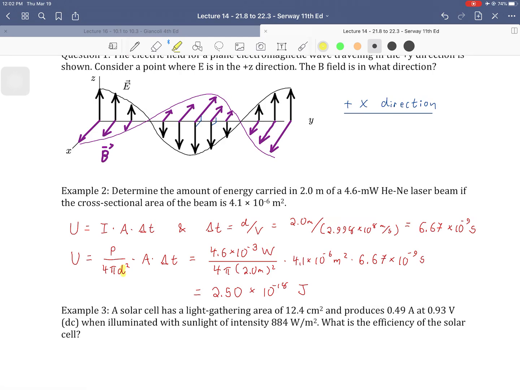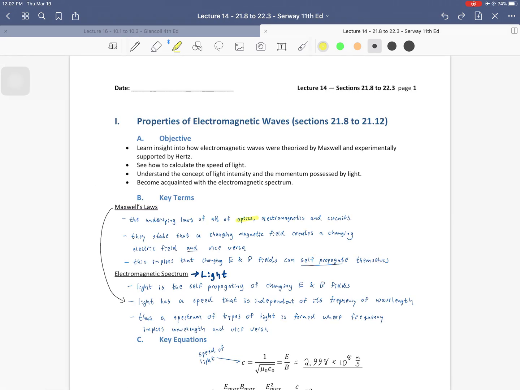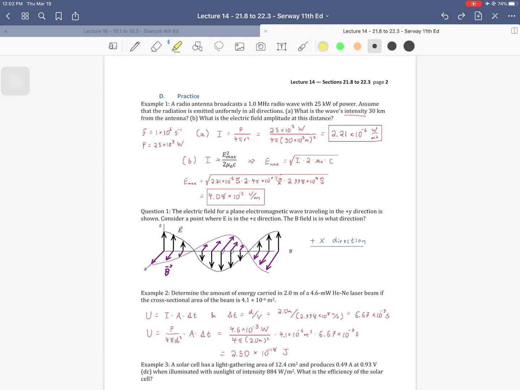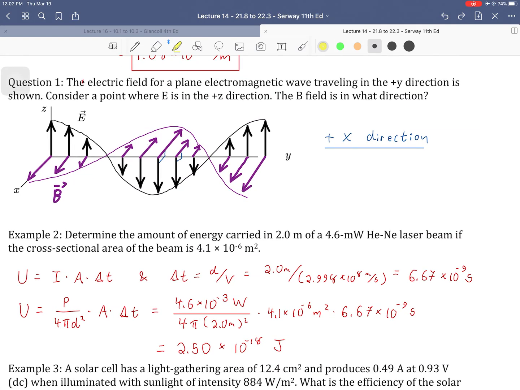So yeah, it kind of makes sense, because certainly then we are getting the total energy that passes. The way I'm interpreting this is that we're getting that 2 meter beam of light, and it's passing over a certain point. So it's like you're letting 2 meters of beam pass over something, or 2 meters of beam be absorbed by something, as long as that is the way that I'm correctly interpreting this problem.